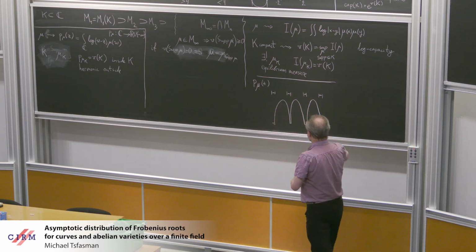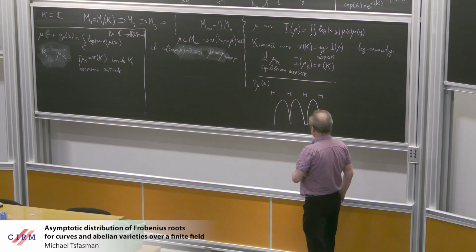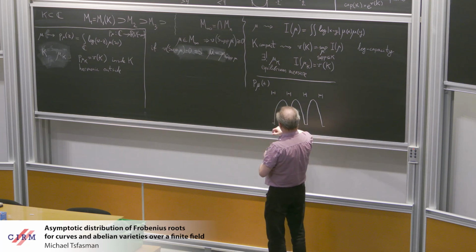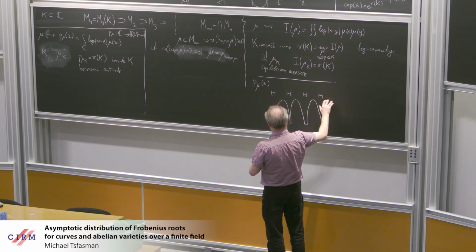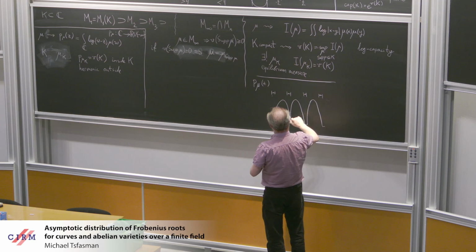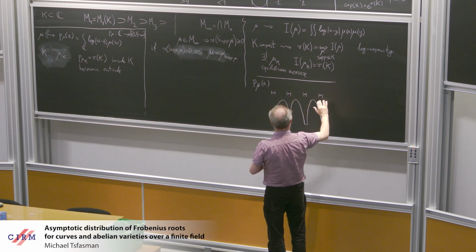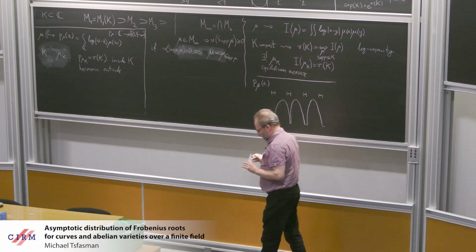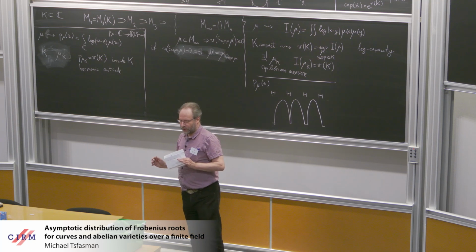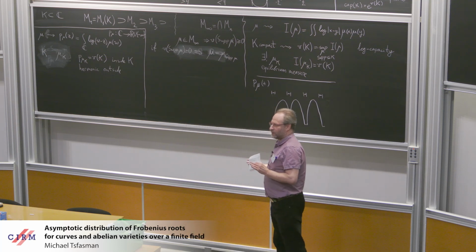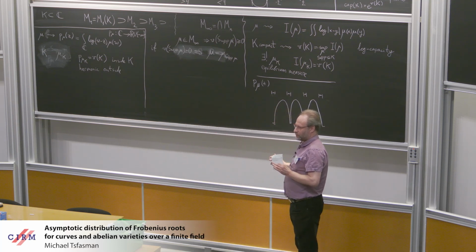And now, when you go to the limit, you have more and more small intervals, and you do it in such a way that the Lebesgue measure of the union of these intervals goes to 0. But the capacity stays positive. The log capacity stays positive, and that's possible.